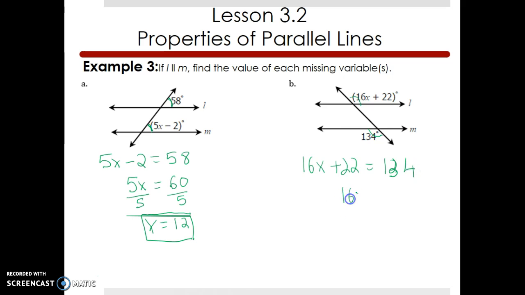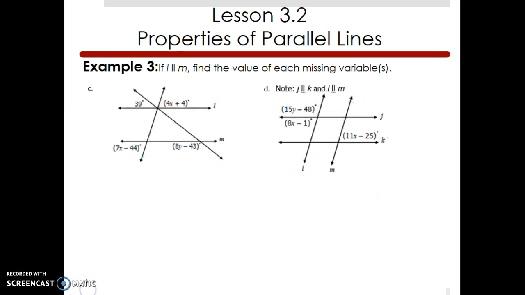So that means 16x equals 112. And then if you divide by 16 on both sides, I get x equals 7. So these are simple relationships and you're just doing algebra with it. We're going to now get on to more complicated ones.